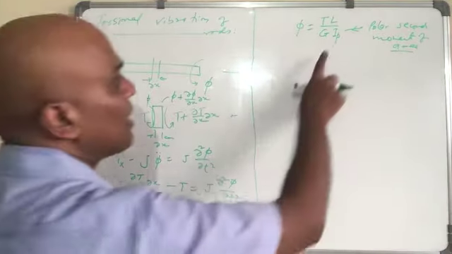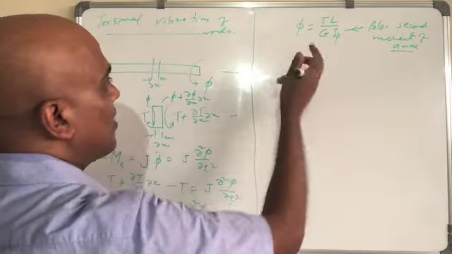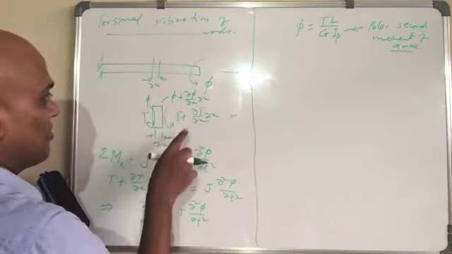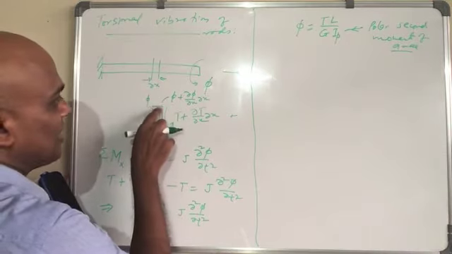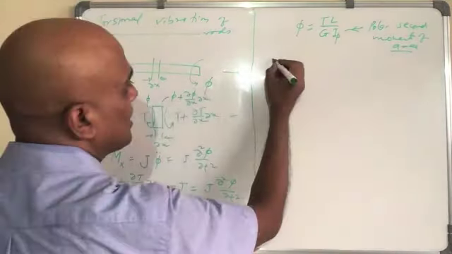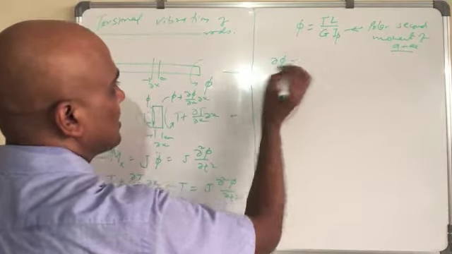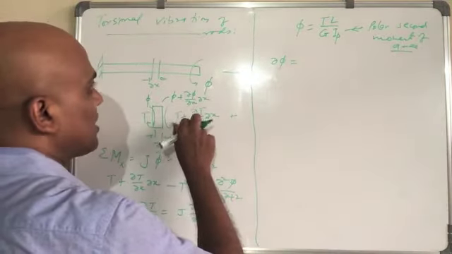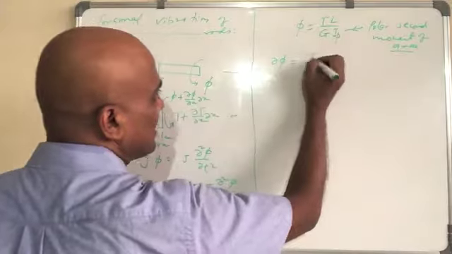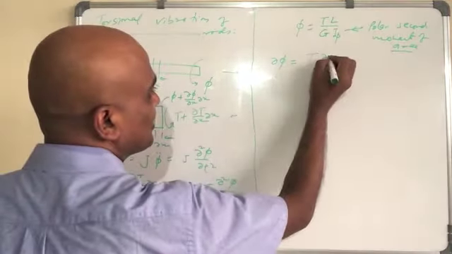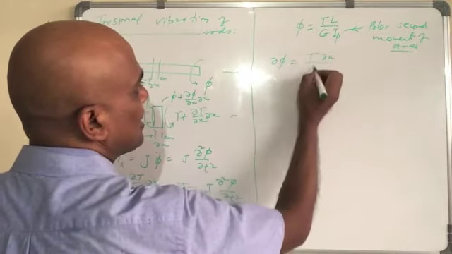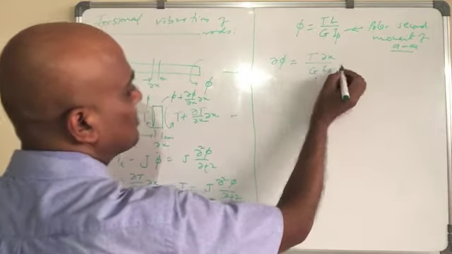So that's the difference. If you go from here to here, the difference del phi will be equal to T times L, and L from here to here is del x only. So this is T del x over G I_P.